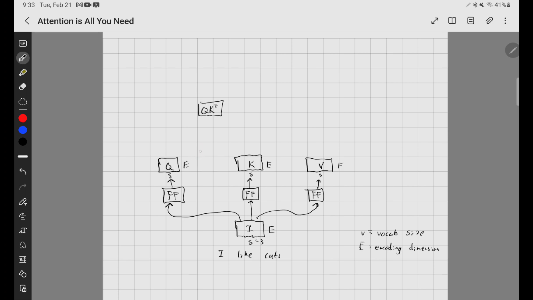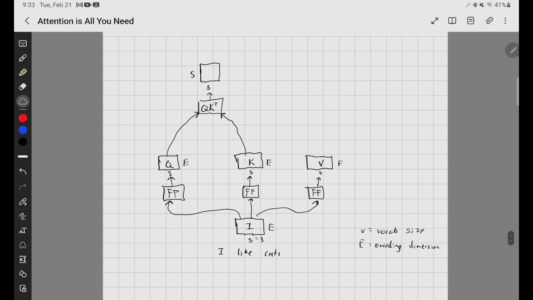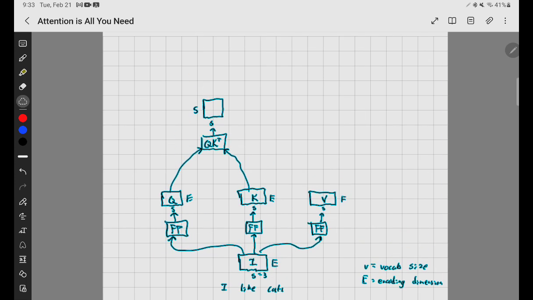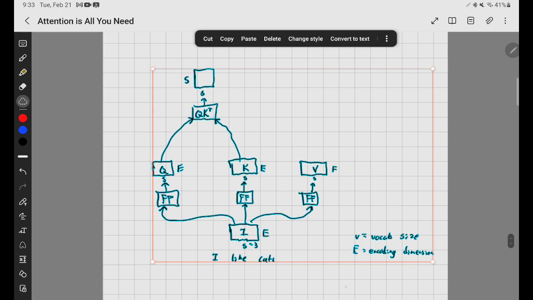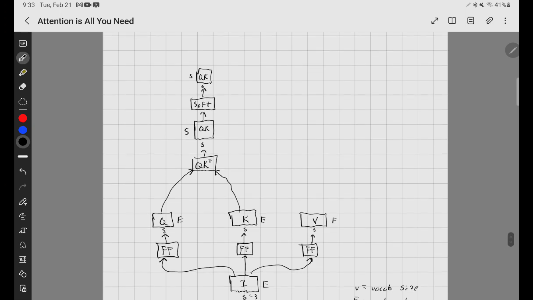So you're taking the inner product between the queries and the keys, and you multiply these together to get a matrix of shape S by S, which I'm going to call QK. Then you throw this through a softmax layer, which is pretty much just a normalization. Then you multiply this by the values along the S dimension.